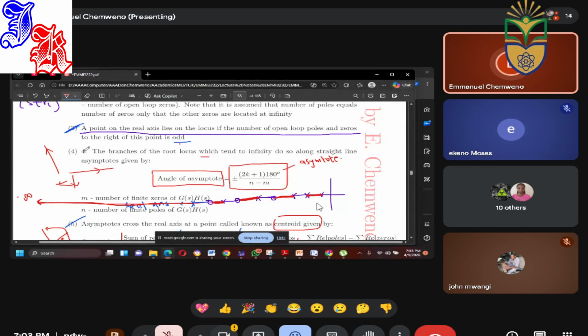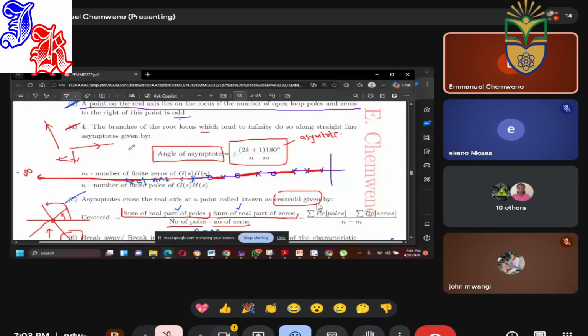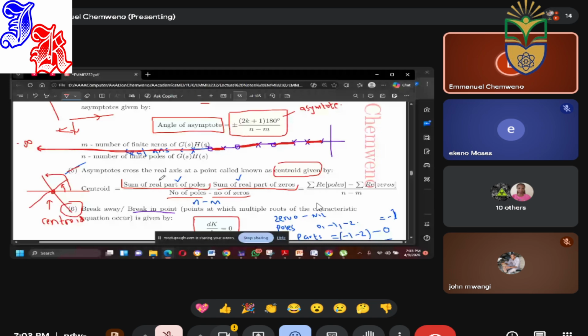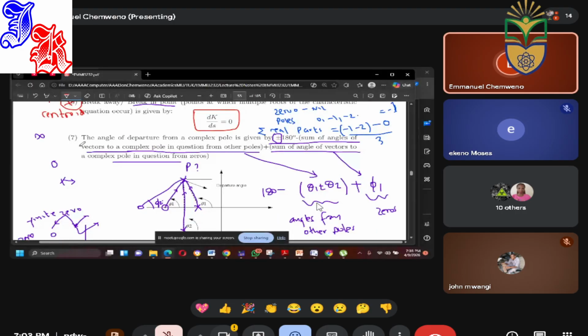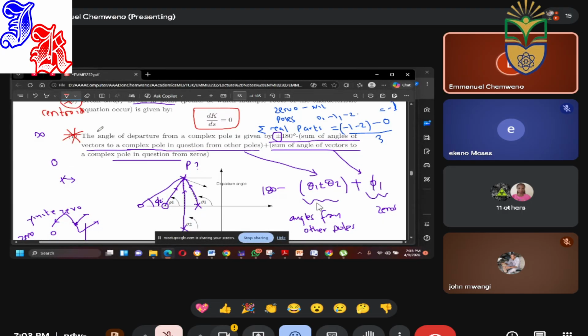Number 4, we have calculated the asymptotes. Number 5, we have gotten the centroid. Number 6, breakaway point, you have sought. Number 7, we don't have complex poles. So this one is not applicable. No complex poles and no complex zeros.